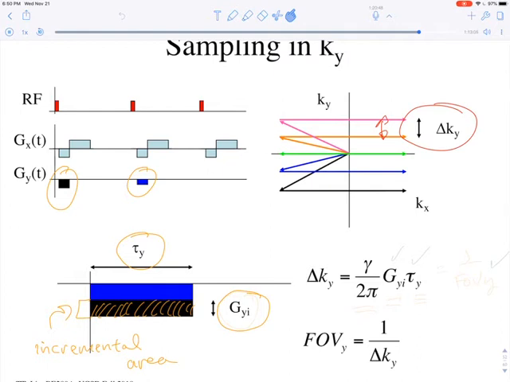That's gamma over 2 pi times this incremental amplitude times the width, and this is equal to 1 over the field of view in y. Typically I'll be given this, and I will solve for either this or this. And that's the design problem. So let's take a look at that.